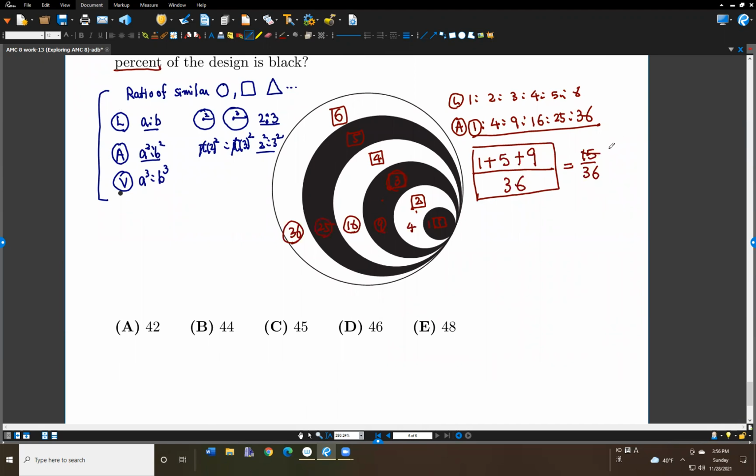Divided by 3, 15 over 36 is 5 over 12. 5 divided by 12 is just around 0.41, 41%. This is the closest number, because 5 over 12 should be greater than that, around 42%.